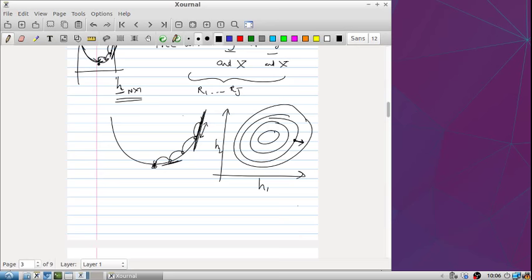The gradient has the same dimensionality as your h, so if h1 and h2, then there are 2 coordinates of the gradient. By definition, it's always perpendicular to this contour line, pointing opposite to the lowest point. Negative gradient just means go in this direction. This is the actual gradient. Maybe this picture is a little bit misleading, but this is also gradient descent, or a gradient method.